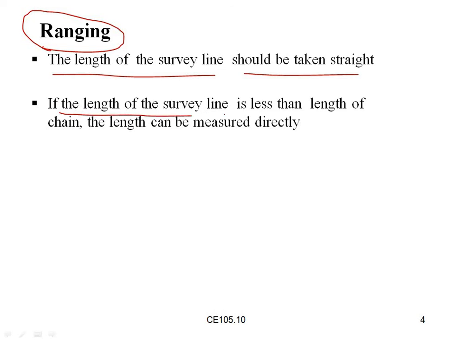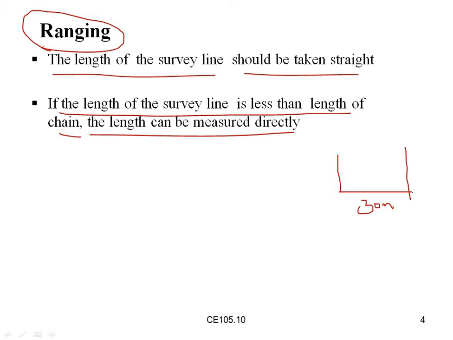If the length of the survey line is less than the length of the chain, the length can be measured directly. So how will you measure? Suppose our chain is 30 meters. We will start by keeping the first ranging rod and a second ranging rod here, and if the length extends more, we will keep another ranging rod here.